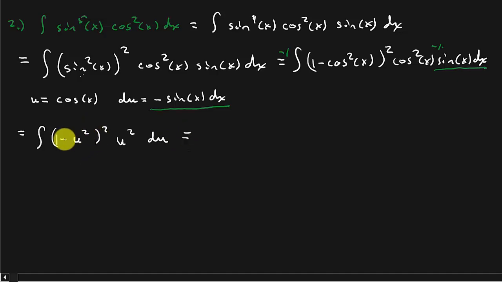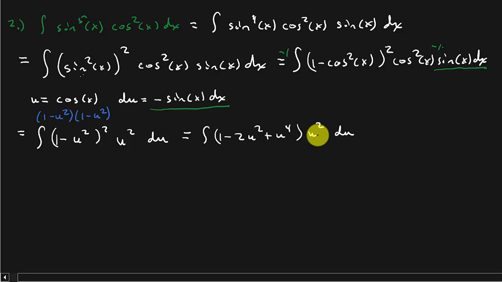Well, I need to multiply that out. That's going to be 1 minus 2u squared plus u to the 4th, times u squared du. Just remember this part is the same thing as 1 minus u squared times 1 minus u squared, and I just multiplied it out to get this.